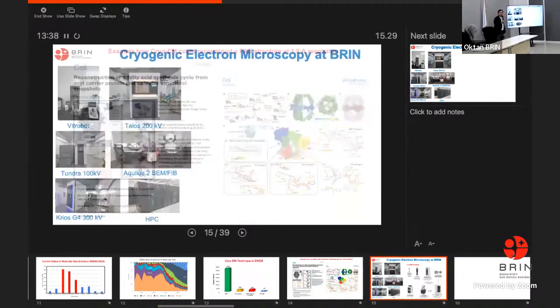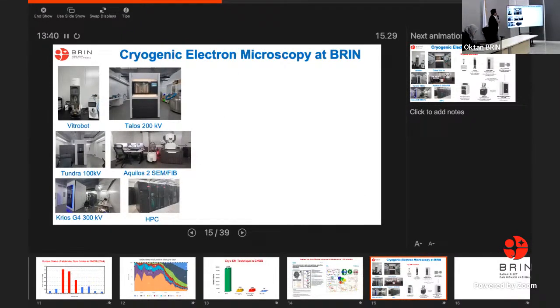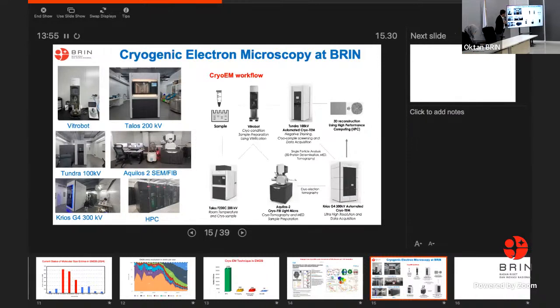Okay, so I would like to explain to all of you about the cryogenic electron microscope at BRIN. We have a Krios G4 300 kV, the latest generation of Krios, and also Aquilos, Tundra, Talos, and Vitrobot. These are for sample preparation.